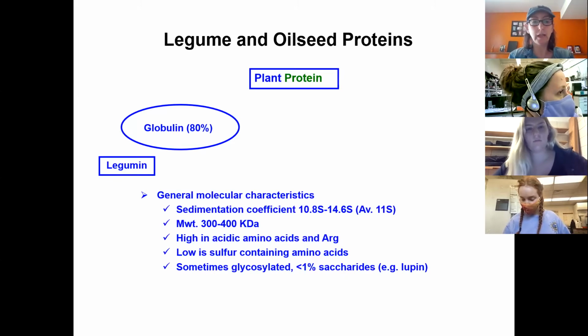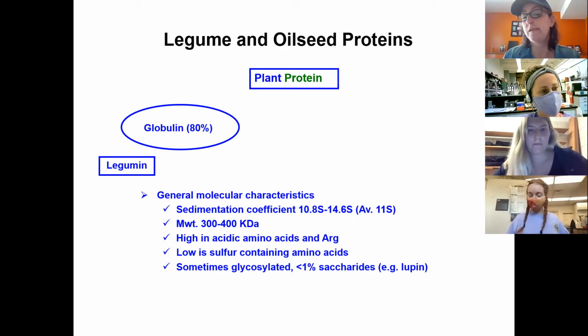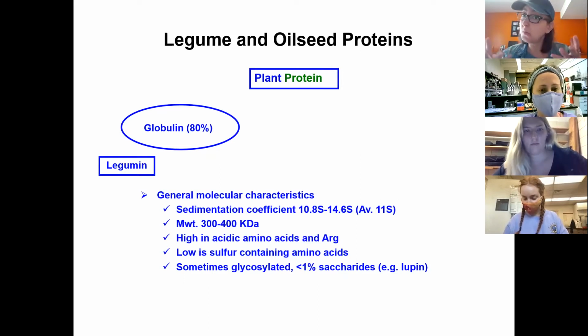Okay, so if we look at legumin, like we said, the sedimentation coefficient really ranges, but the average is around 11S, so it's commonly referred to as the 11S protein fraction. And molecular weight also ranges. It's a large polymer of multiple protein subunits, and the different subunits in different varieties or genetic variants will have different molecular weights.